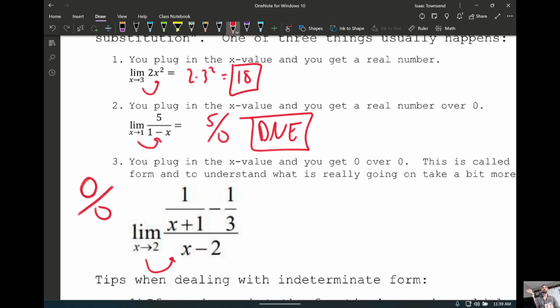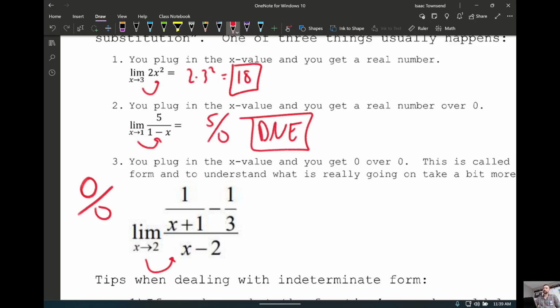Nothing factors, there's no square roots to do the conjugate trick, and there's no trig functions to do substitutions with trig identities. So we've got to do something different to make this look different, get something to cancel, and then finish with direct substitution.